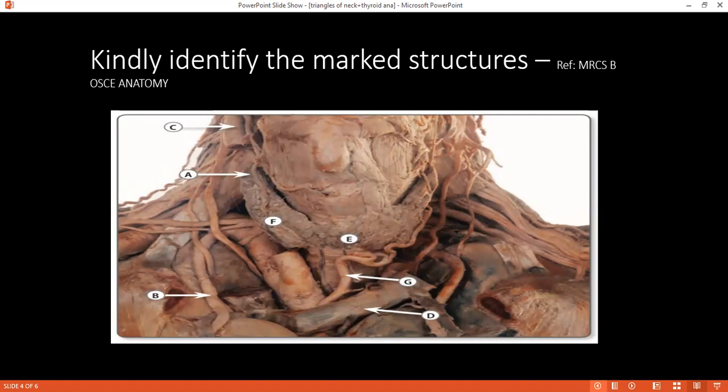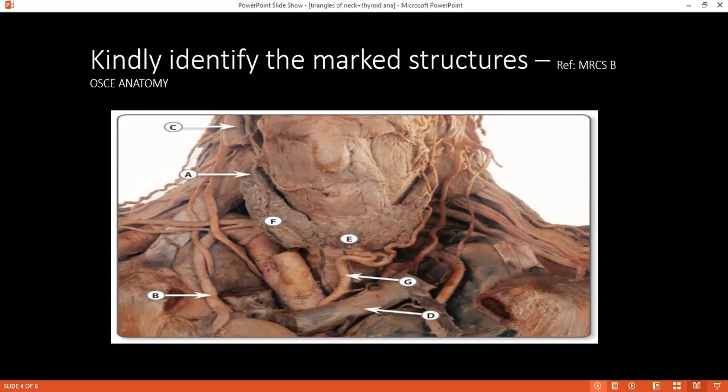And the facial nerve and its branches. And the retromandibular vein. Very good. And the auriculotemporal nerve as well. Yes, and lymph nodes and lymph vessels. Okay. What kind of secretion does the parotid gland secrete? Serous fluid. Very good. All right.